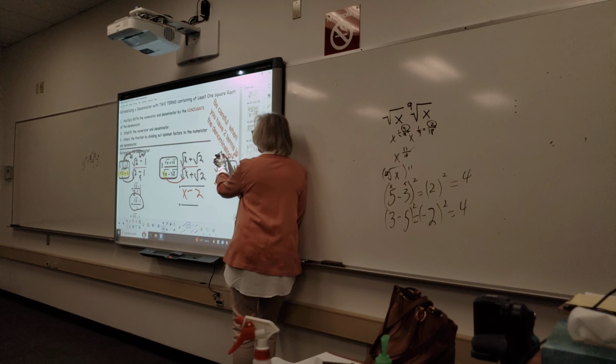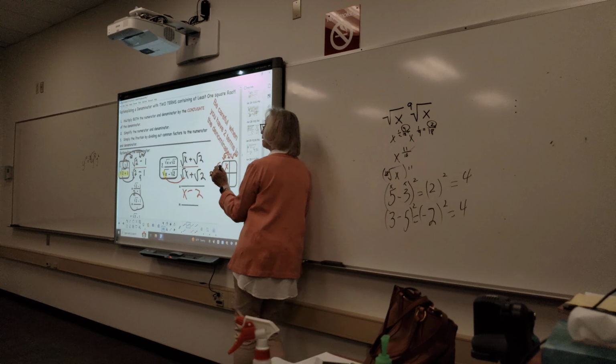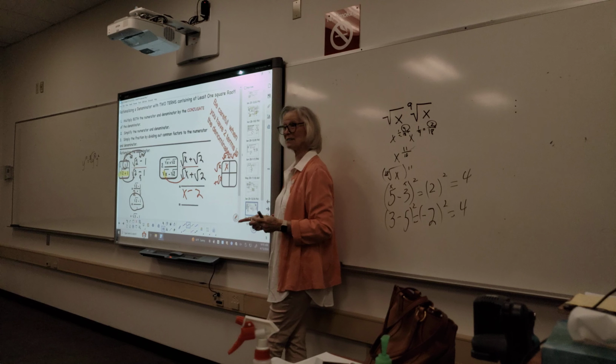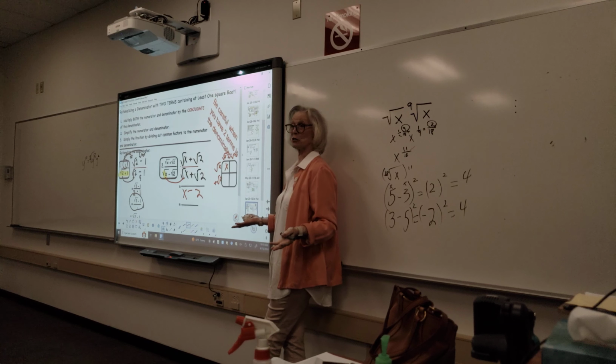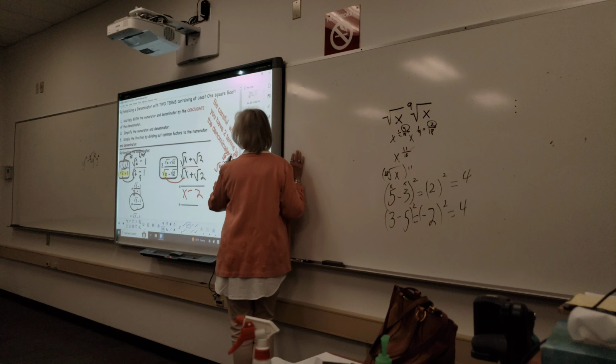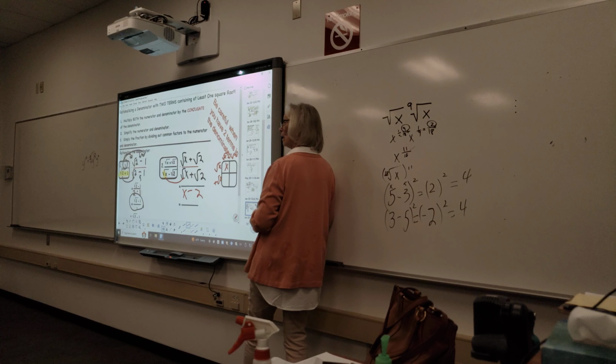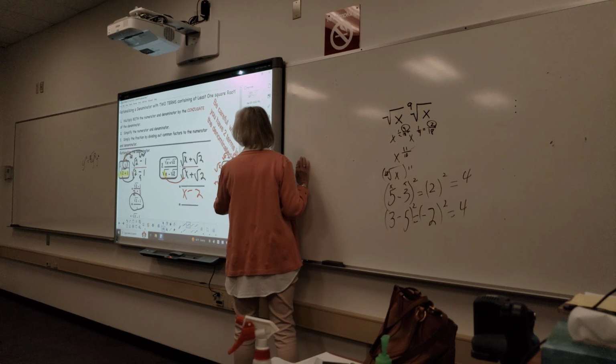Radical x times the radical x, what do you get? X. Just an x. Anytime the insides of the radicals are identical, it just comes out as whatever it is. I have a radical x times a radical 2. Multiply, what do you get? Radical 2x.